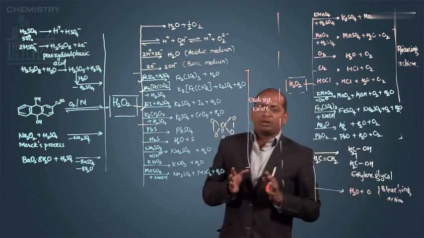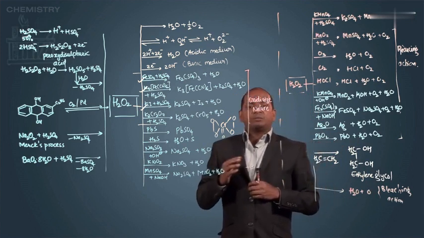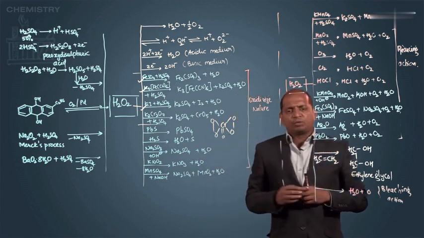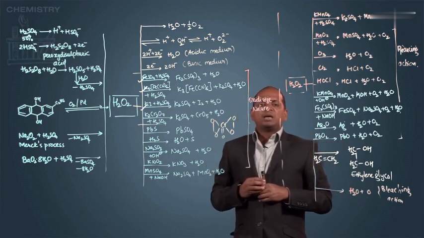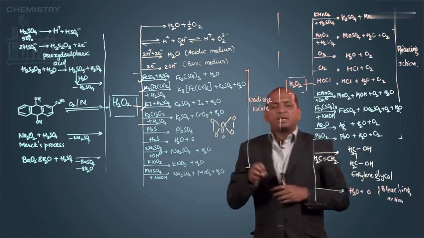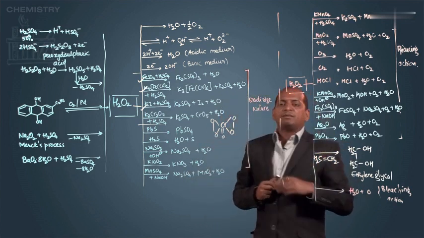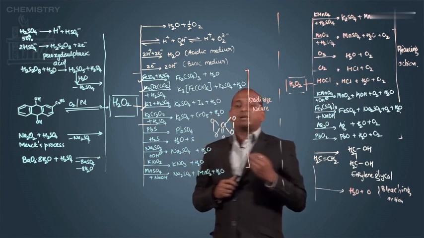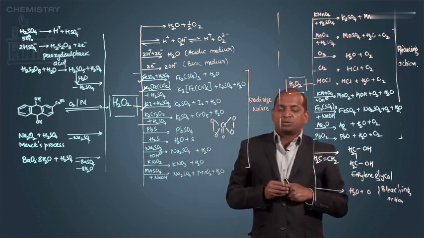They are very important with respect to stoichiometry. Otherwise, from this chapter there are very few or rare questions, because the theory is less, the number of reactions is more, and all those reactions we have already discussed, and we are discussing them in salt analysis and qualitative analysis also.